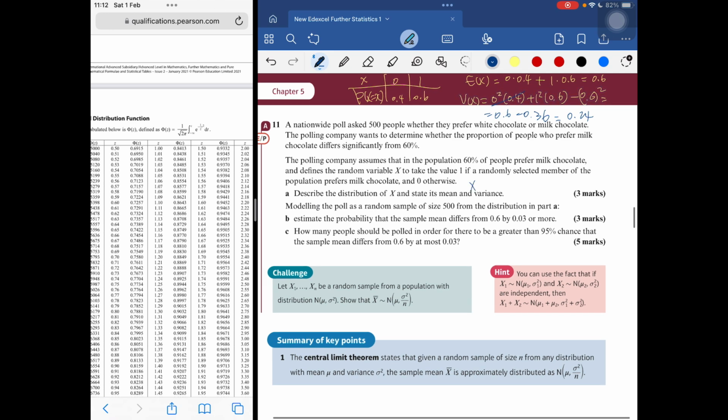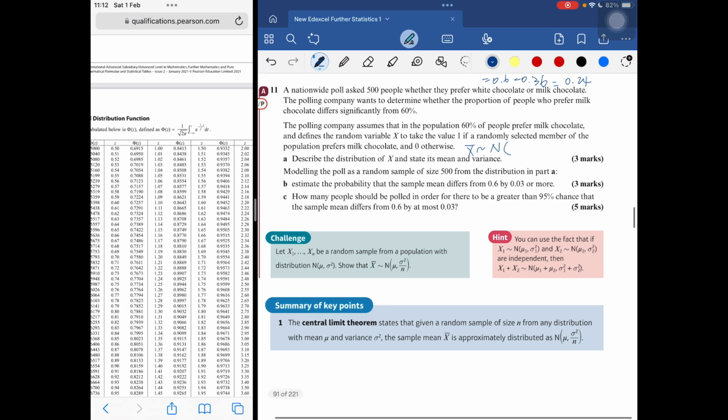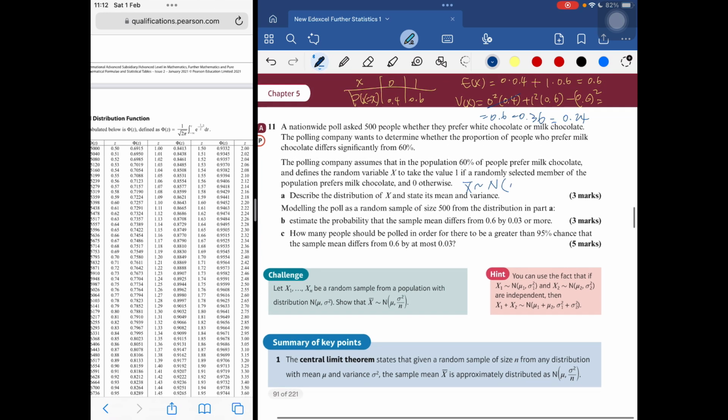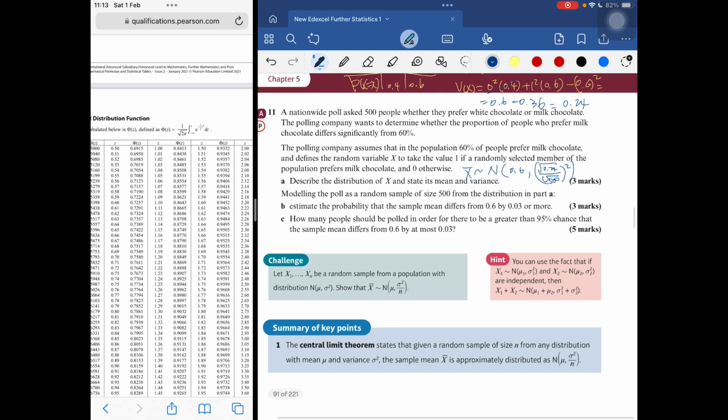So x bar may follow the normal distribution of 0.6, square root of 0.24 over square root of 500, and the probability of x bar is between 0.57 and 0.63.